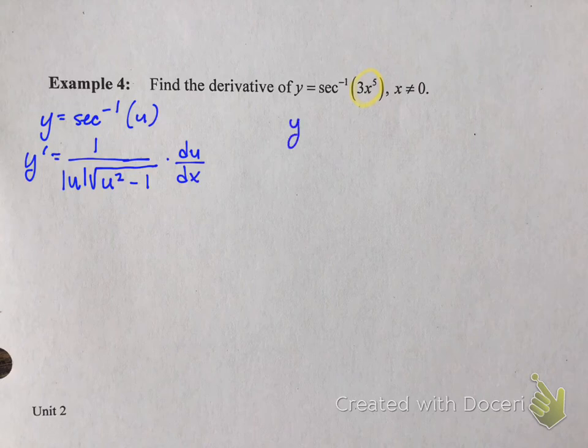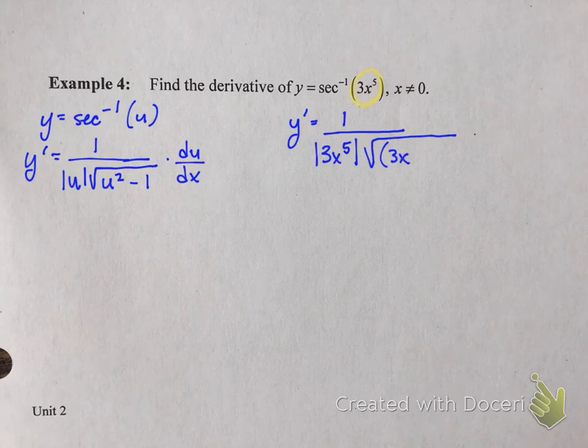Okay, so let's go ahead and plug and play. The derivative of this is going to be 1 over, u is 3x to the 5th, take the absolute value of that, times the square root of 3x to the 5th squared minus 1. And then we're going to have to take the derivative of 3x to the 5th. If I take the derivative of that, I get 3 times 5x to the 4th.